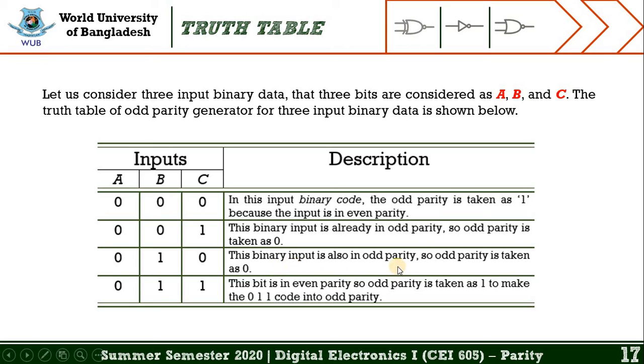This binary input is also in odd parity, so odd parity is taken as 0. Next combination, 0, 1, 1, which means this is in even parity, so odd parity is taken as 1 to make the 0, 1, 1 code into odd parity.